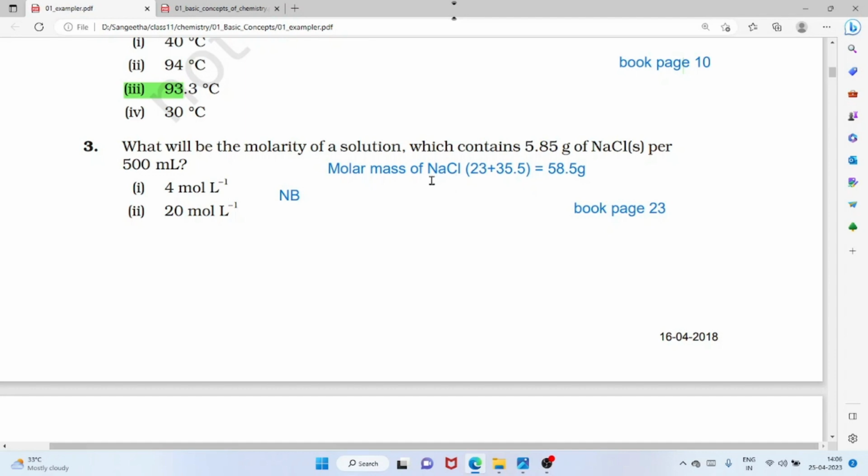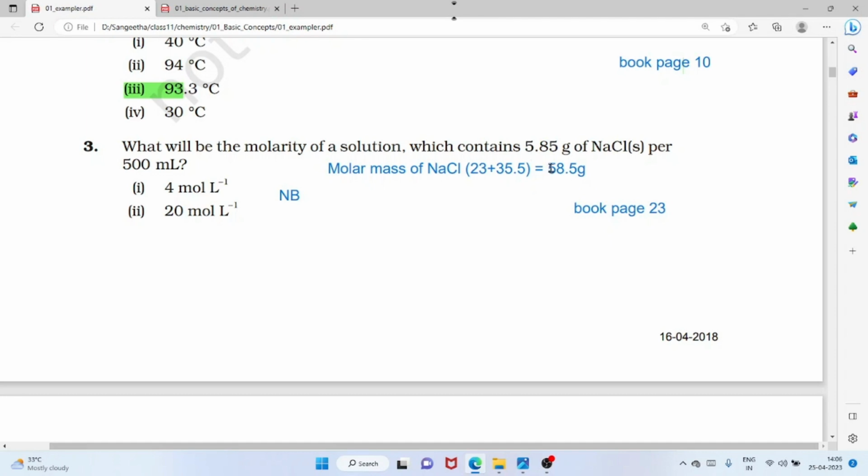If you take the atomic masses of Na and Cl, the total is 58.5, then you simply put gram next to that number. So that is the molar mass. They have given 5.85 grams of NaCl. So how many moles is this? This is 0.1 mole, because 1 mole is 58.5 gram.